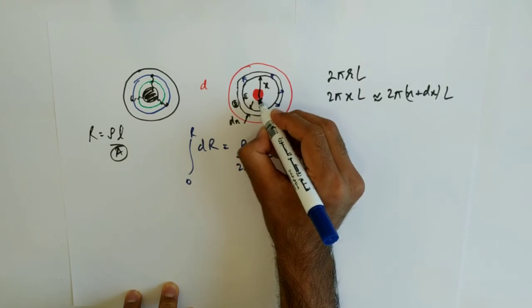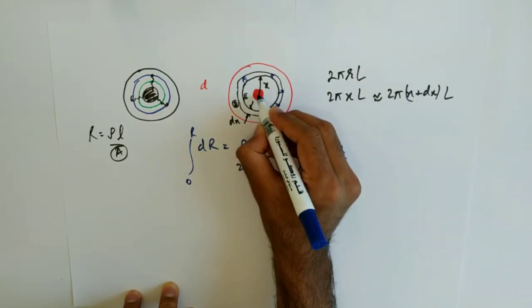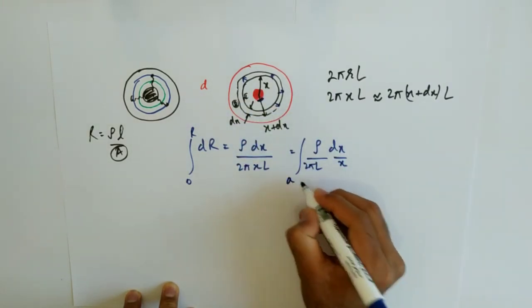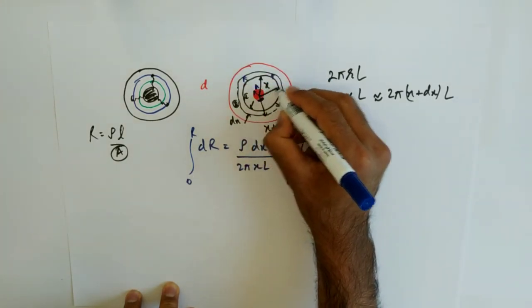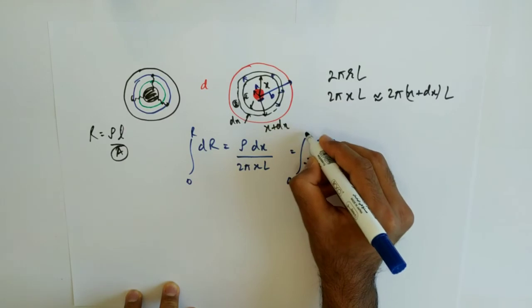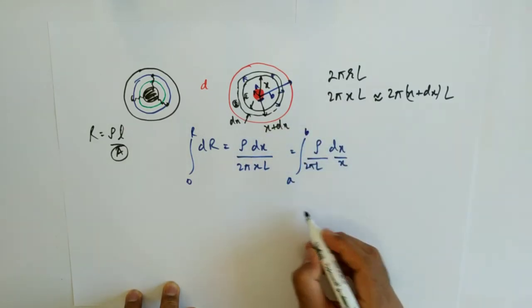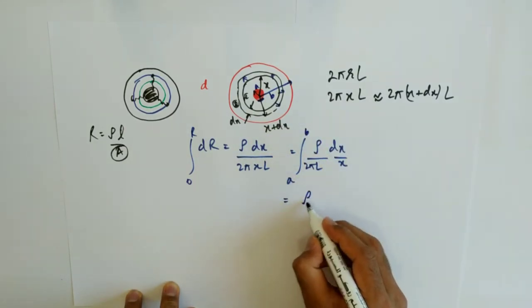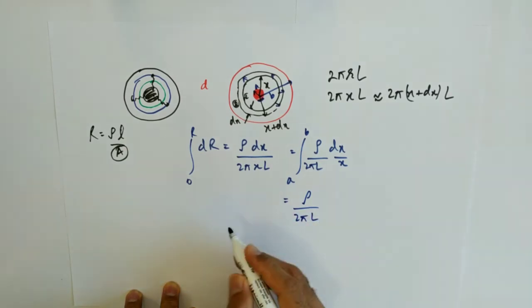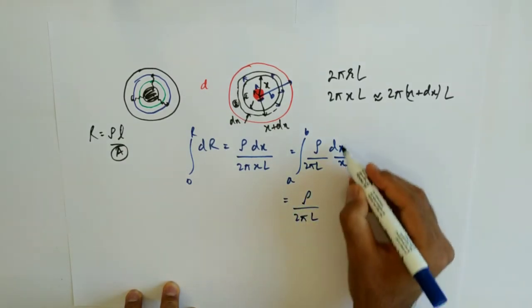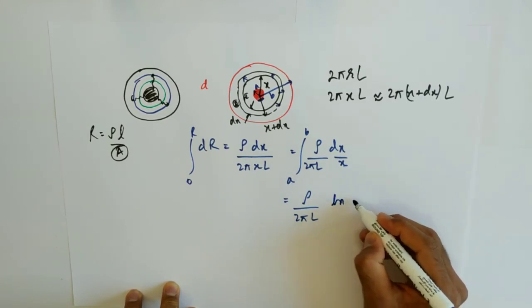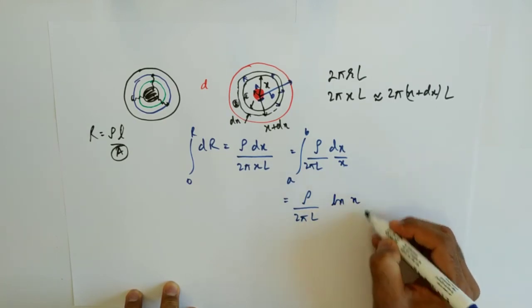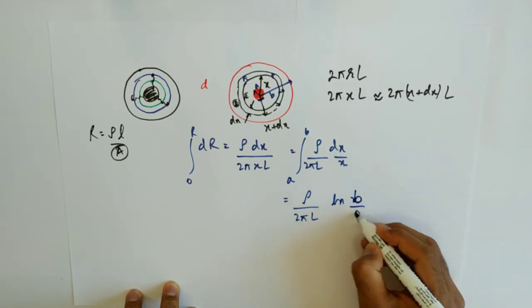Leakage will start from the conductor, so let us suppose the radius of the conductor is a and the outer radius is b. If you solve, rho upon 2 pi l will come out common because it is constant, and dx by x will become natural log x from a to b. So I can directly write ln of b upon a.